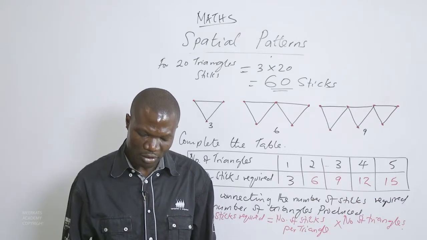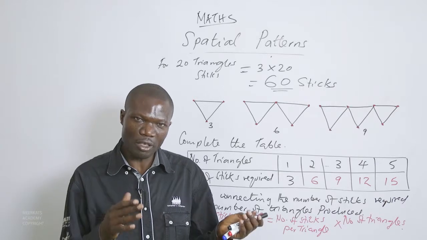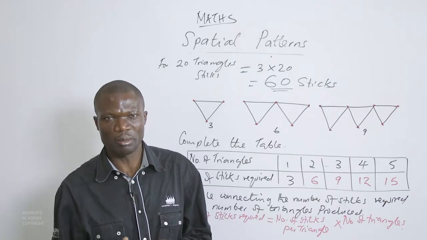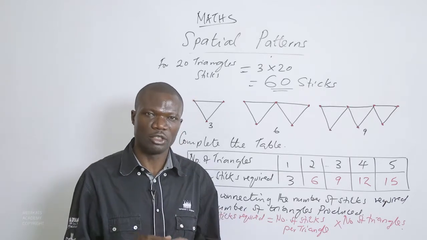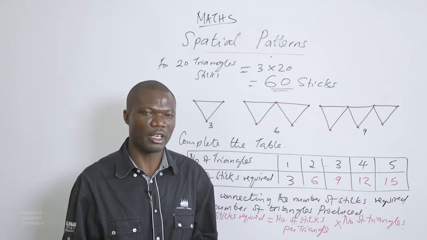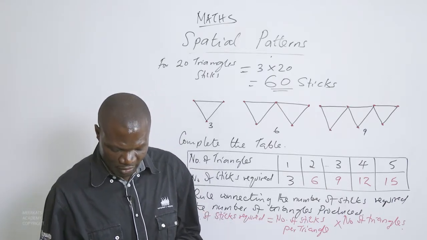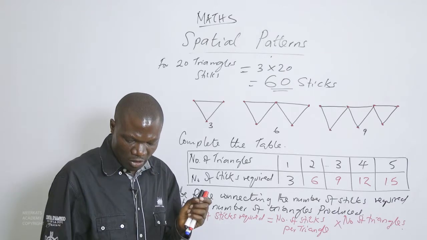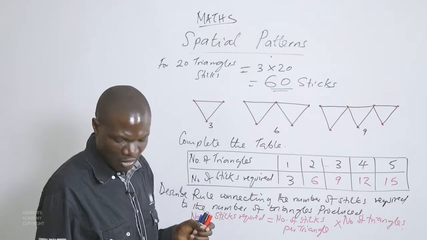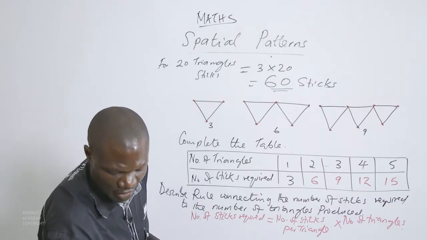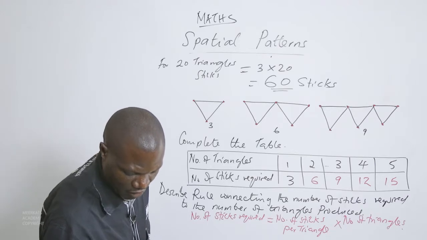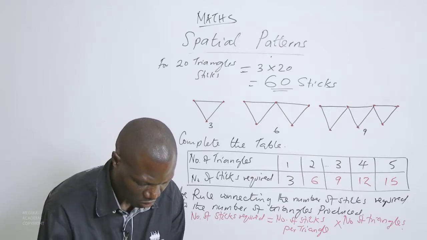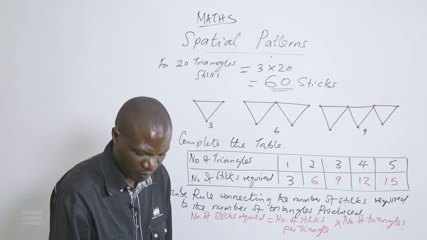That is how we approach a spatial pattern and relate it to what we are now calling the number pattern. So let us look at further questions related to similar ones and see how we are supposed to approach them.